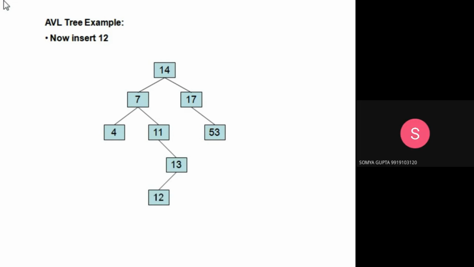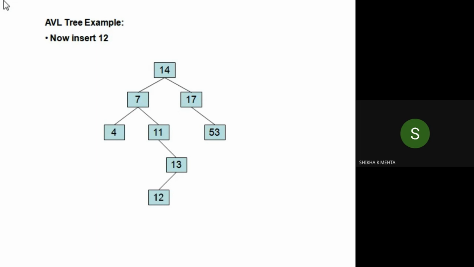Ma'am, double rotation. Always remember the scenarios. When it is totally left unbalanced, only one rotation is required. When it is totally right unbalanced, only one rotation is required. But whenever it is right left or left right, we require double rotations. Okay, so now you just remember those cases.